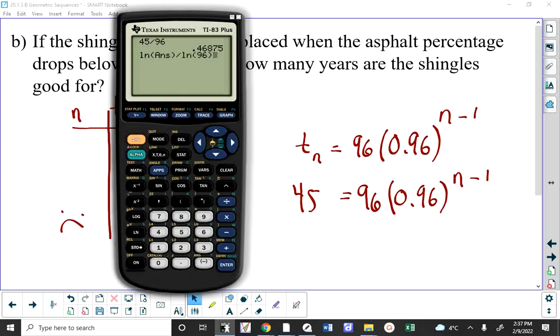Don't worry about what I'm doing. Doesn't matter. When you solve that for n, I did something wrong here. What did I do? Never mind. I see what I did. 45 divided by 96. N bracket. What am I doing here?